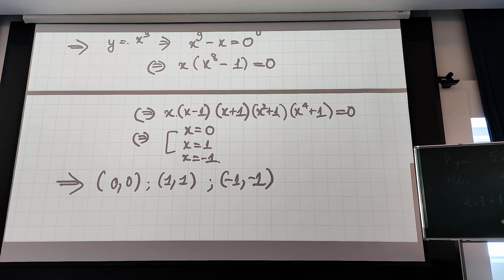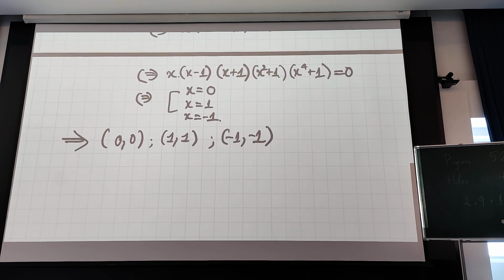Okay. Now we come back to the previous example of classifying the stationary points, and we need to calculate the discriminant and the second order partial derivative fxx at the stationary point.